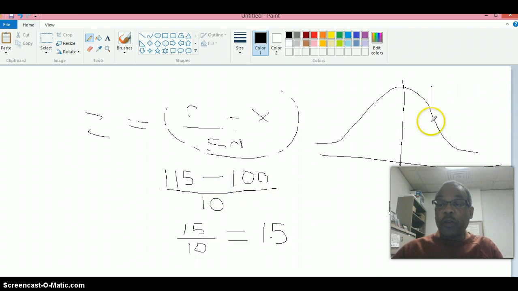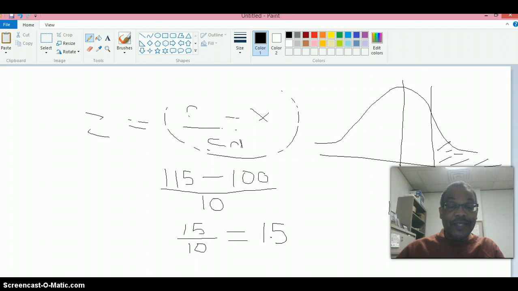Well, 115 would be somewhere on the right hand side of the mean, something like that. And the question asks us to find a score that is 115 or greater, so we would be looking in the right hand side of the normal curve.